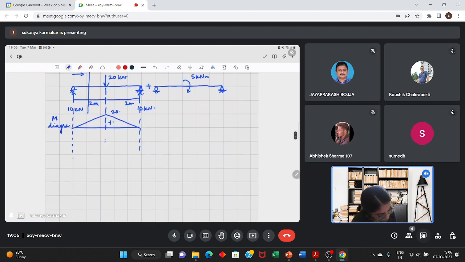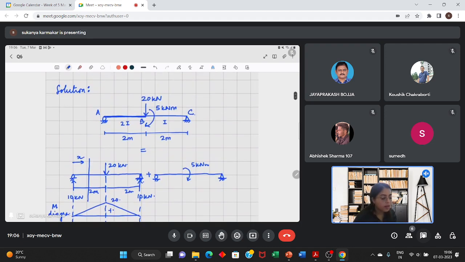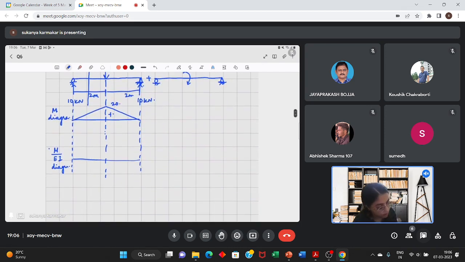So for this bending moment diagram, I want to draw the M by EI diagram. So on the left, A to B, the moment of inertia is 2I, and B to C, the moment of inertia is I. So that should be kept in mind.